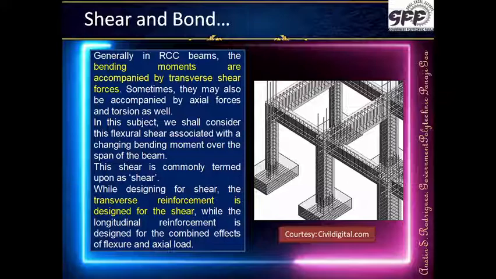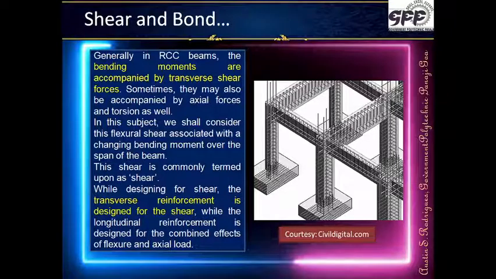Now whenever we are studying in this chapter about shear, we will be looking only at flexural shear, and this flexural shear is accompanied by the bending moment. Normally the bending moment is there along with it. This is termed only as shear. We will not be terming it as flexural shear, but this is known as shear. Generally for shear, what we do is we provide transverse reinforcement.